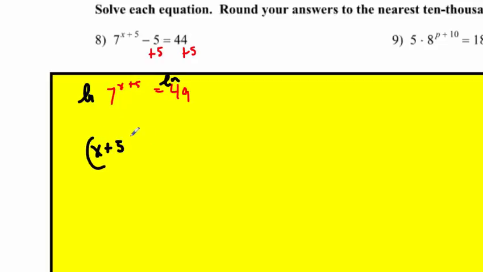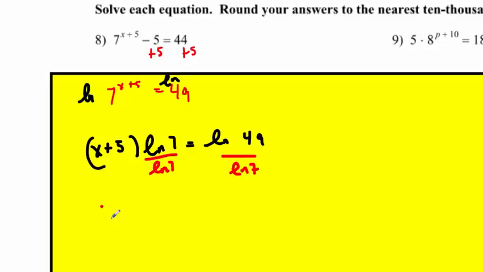So therefore, the x plus 5 has to come out front, and that's going to be multiplied by natural log of 7 equals natural log of 49. And now I can divide out natural log of 7 from both sides, and therefore I got x plus 5 equals, when you divide natural log of 49 by natural log of 7, that just gives you a value of 2. So that means x has got to equal, when you move the 5 over, subtracting 5 makes it negative 3. And there's my answer for that one.